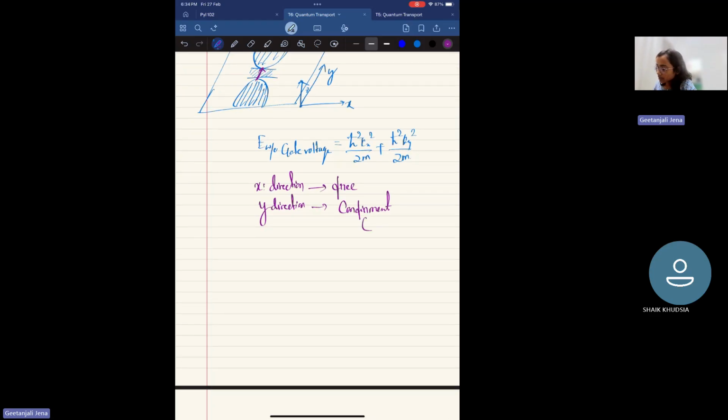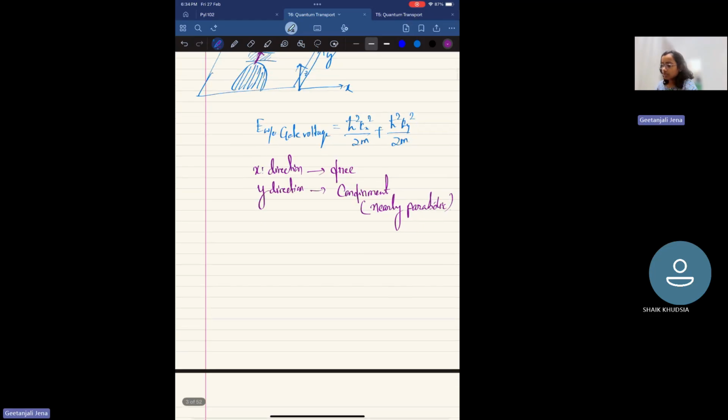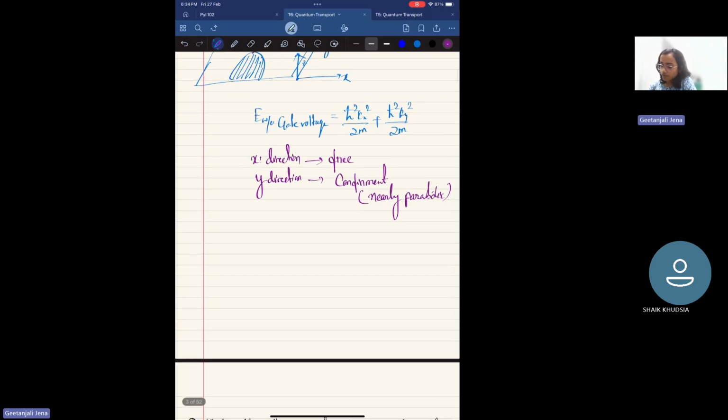We can approximate the energy as nearly parabolic, for simplicity, to see what is happening in the first case. And the z direction is already arrested. Now this is the expression without the gate voltage.